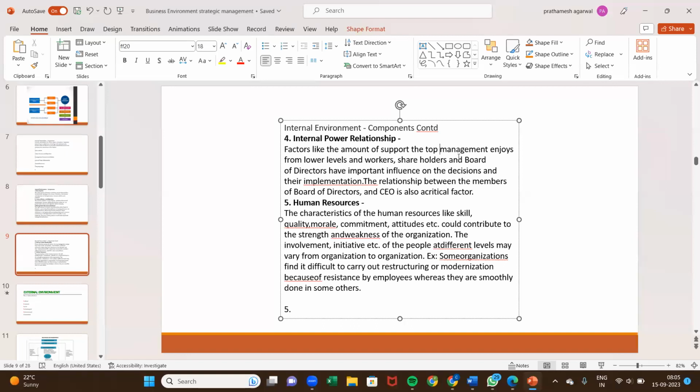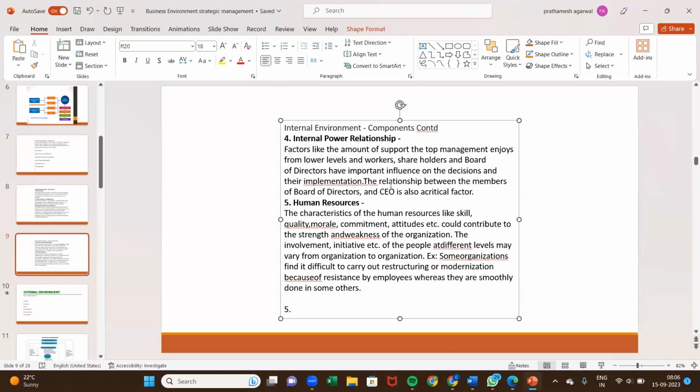If you see the pyramid, we have the top management, the middle management, and the lower management. When the top management enjoys the support from lower levels and workers, the shareholders and board of directors, it becomes very easy for them to take important decisions and side by side implement those decisions.